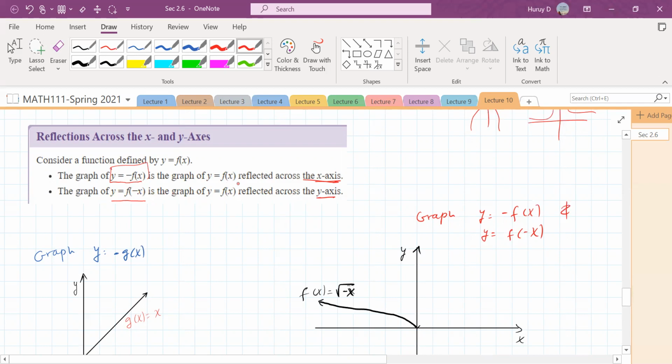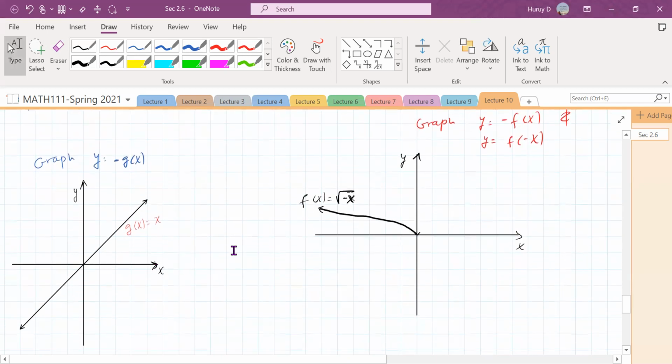Okay. Now let's consider these two functions. Here we have the identity function, which is y equals x, or g of x equals x. Now we're asked to graph y equals negative g of x. If the negative is outside, then the reflection is along what? Along the x-axis, right?